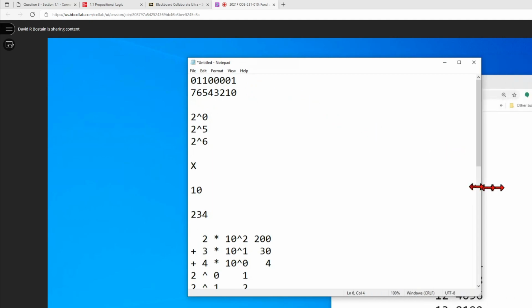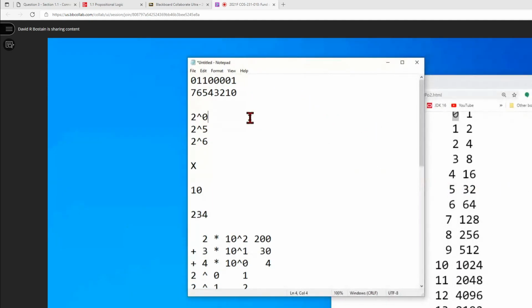So once we memorize these, they become very easy to do. But 2 to the 0 is going to be a 1. 2 to the 5th is going to be a 32. 2 to the 6th is going to be a 64. We're adding those up. We see that the number we have at the top is a decimal 97, if I did the arithmetic correctly.